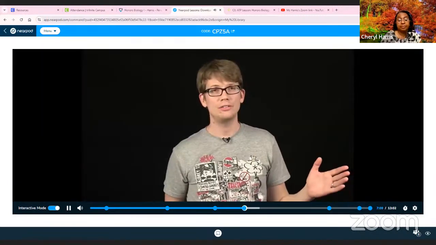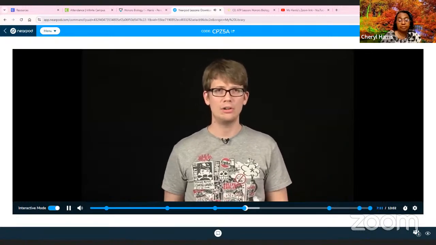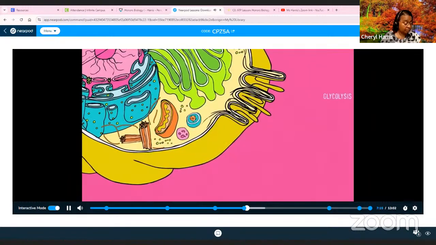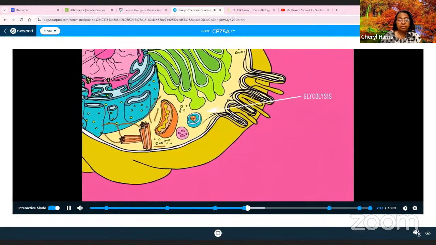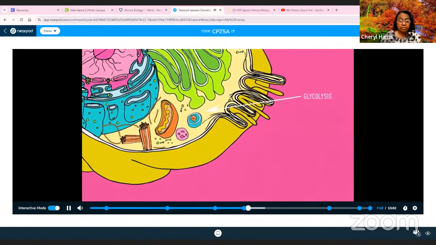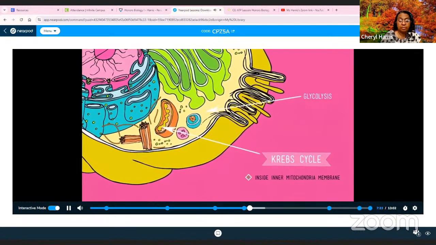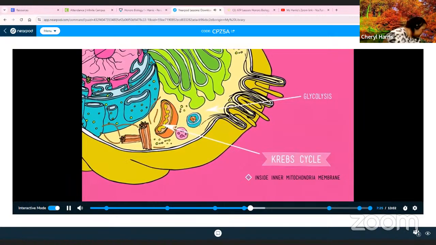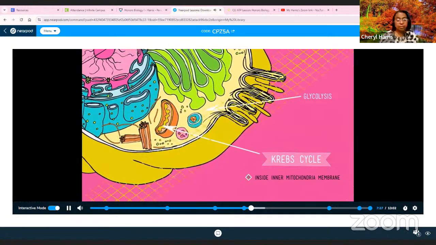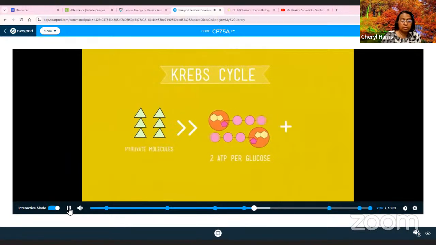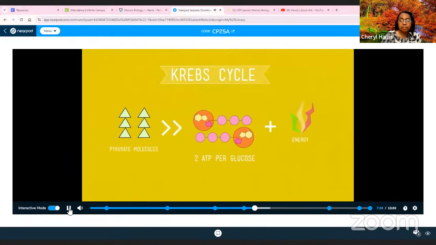So we find ourselves at the next step in cellular respiration after glycolysis. While glycolysis occurs in the cytoplasm, the Krebs cycle happens across the inner membrane of the mitochondria. The Krebs cycle takes the products of glycolysis to create some energy in a couple of other forms.